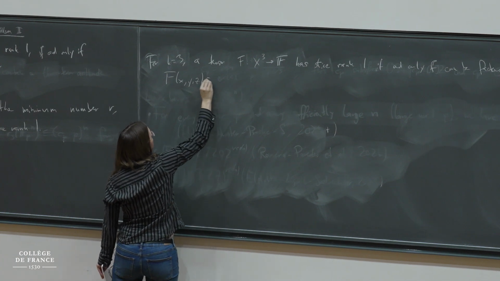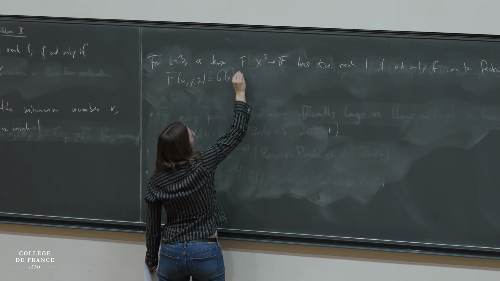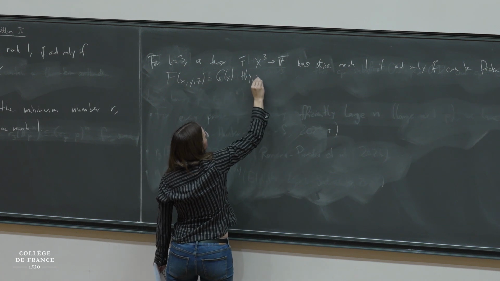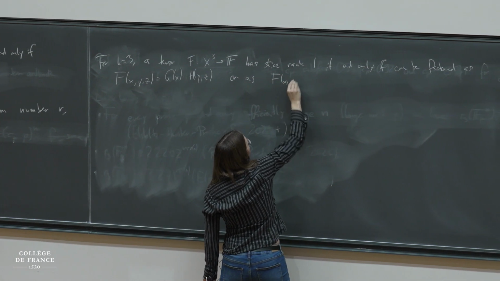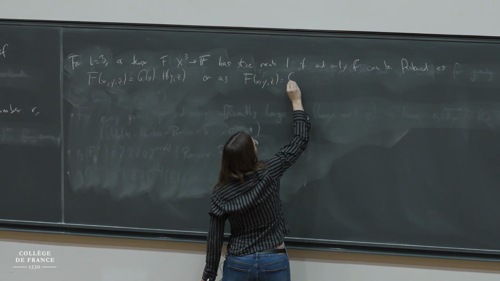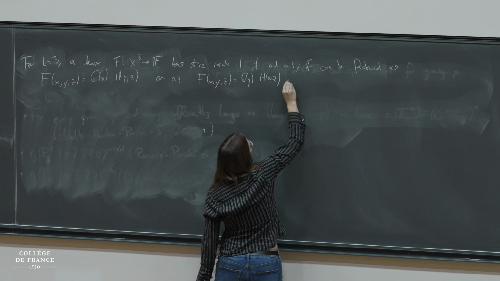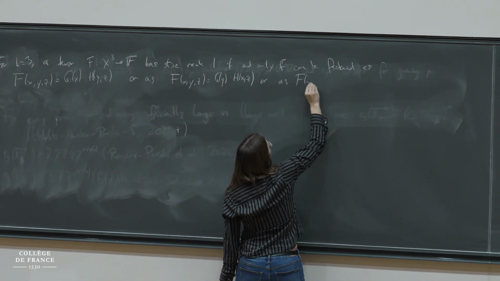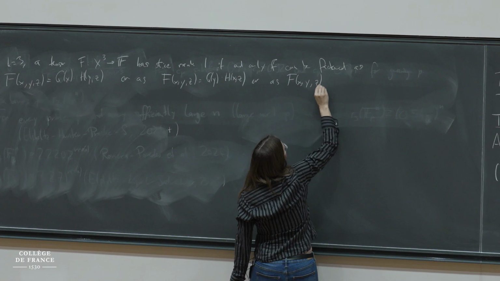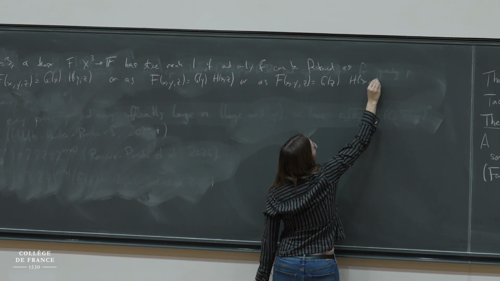So if f of x, y, z is g of x times h of y, z, or f of x, y, z is g of y times h of x, z, or f of x, y, z is g of z times h of x, y.